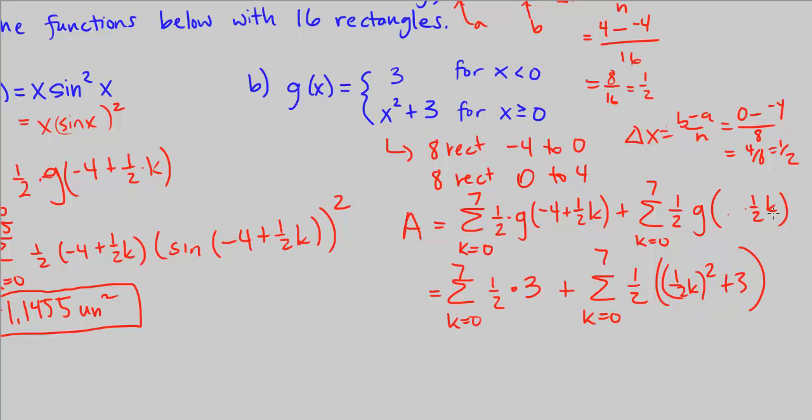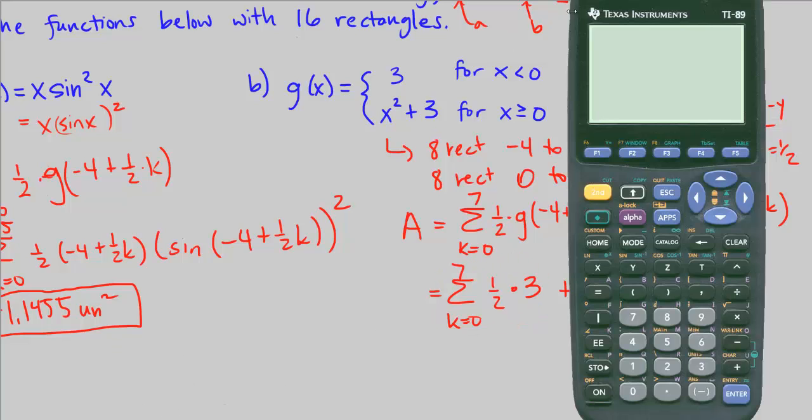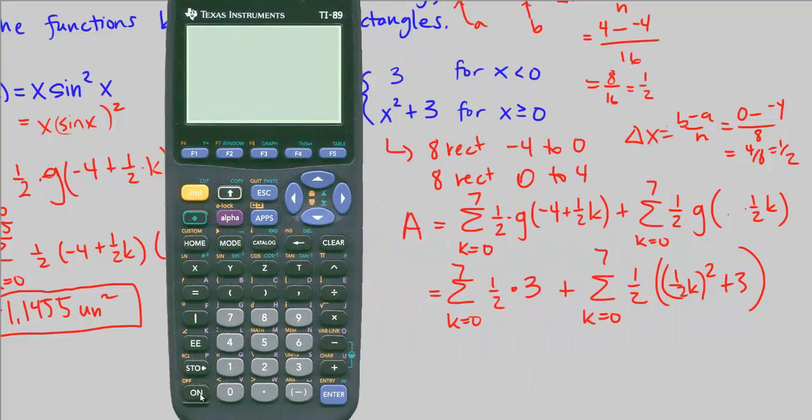Okay? And make sure you have these parentheses because you want to put x to be 1/2 k. And I think there's a hint in the problem that says, recall that a Riemann sum does not have to involve sigma notation, because we can figure this out without sigma notation, but we can also use sigma notation. So let's go ahead and use our calculator to do this.